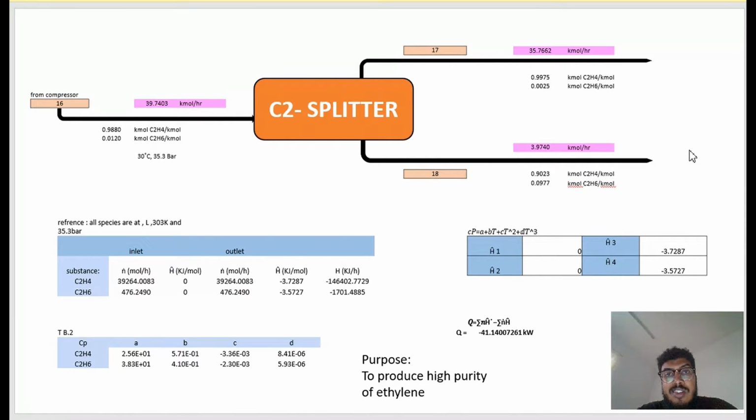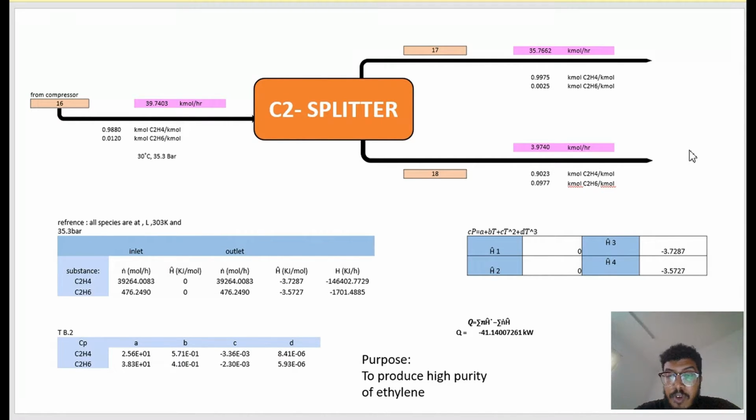So we need some data. We can get this data from table B2 for ethylene and ethane. Basically, these data are for the Cp, or the heat capacity, for A and B and C and D. And there is an equation, as you can see in the middle on the right, the Cp equals the integration and so on.